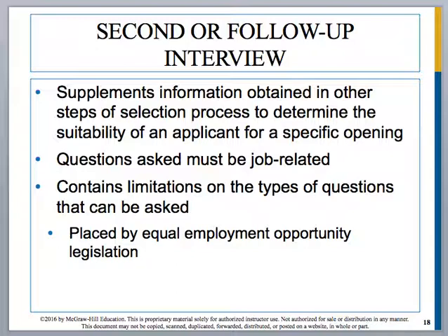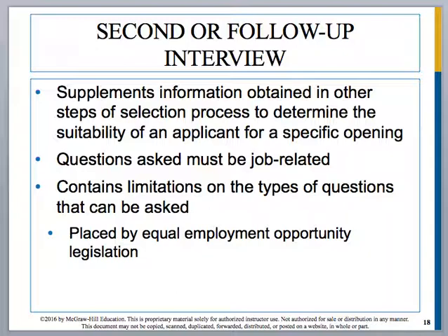This is where you can get some supplemental information about the selection process and ask specific questions concerning the job itself, and that's also where the candidate would ask specific questions to the interviewer about the job.